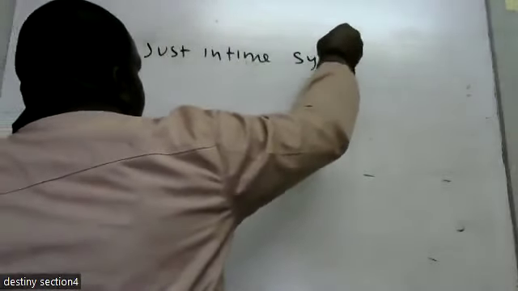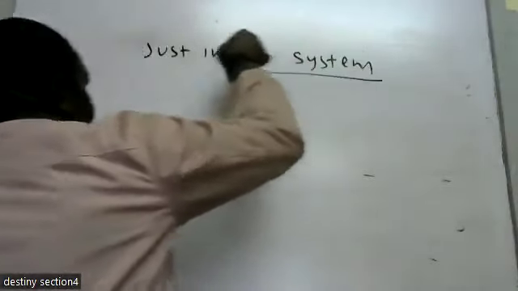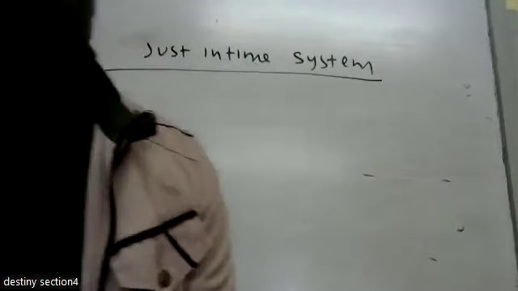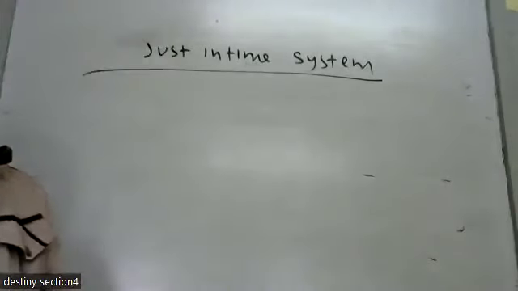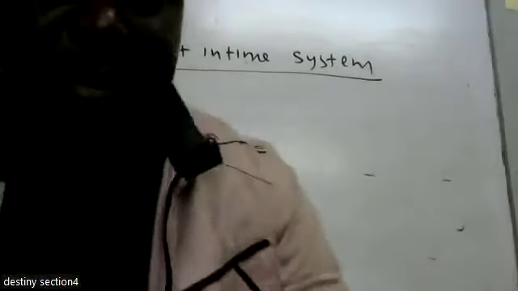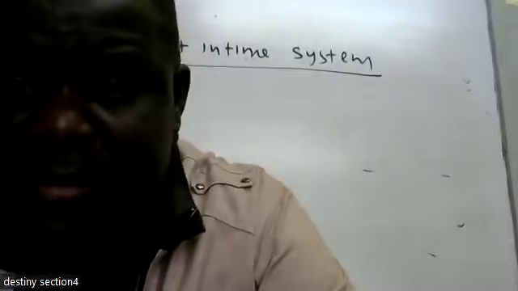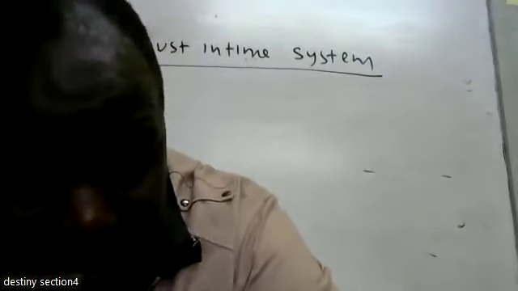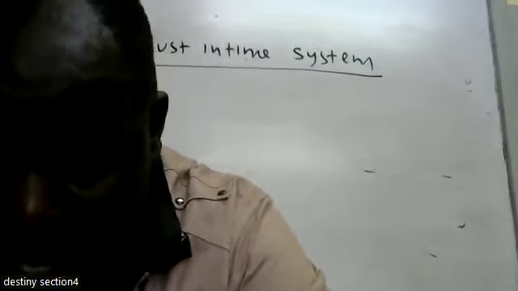When we use the just-in-time system, it is based on demand. You only manufacture based on the demand. So we calculate the total cost based on the sales. Sales is now the demand.